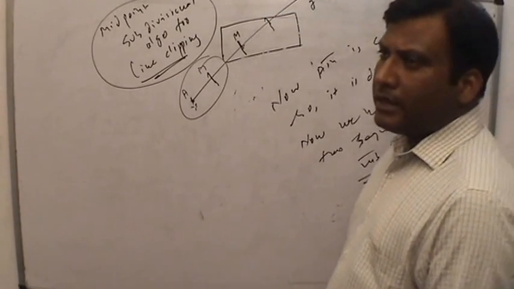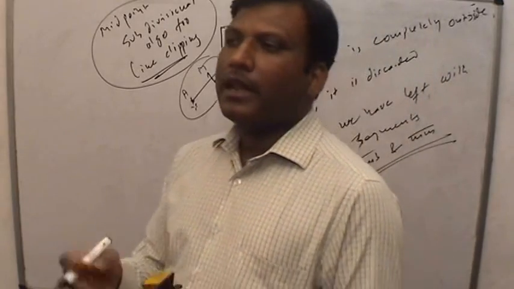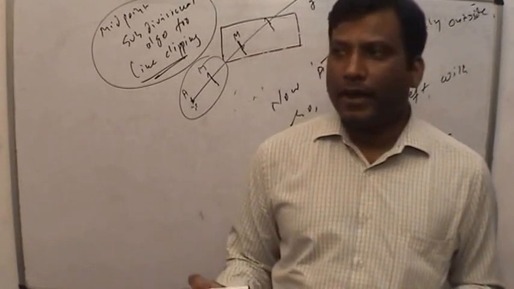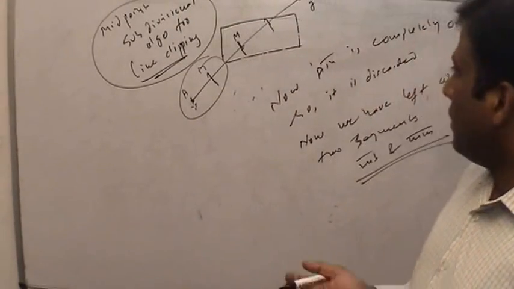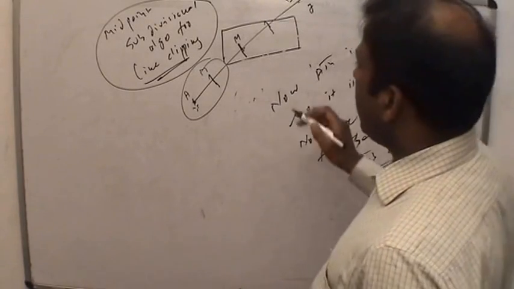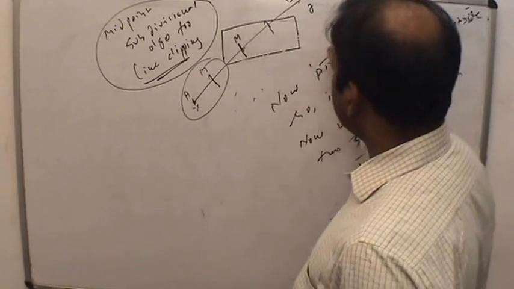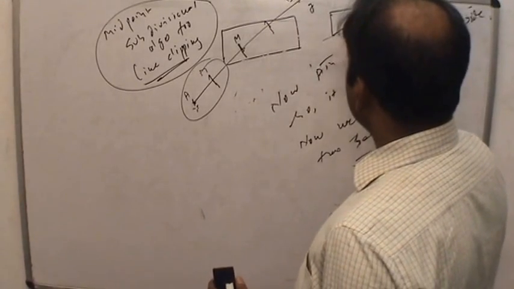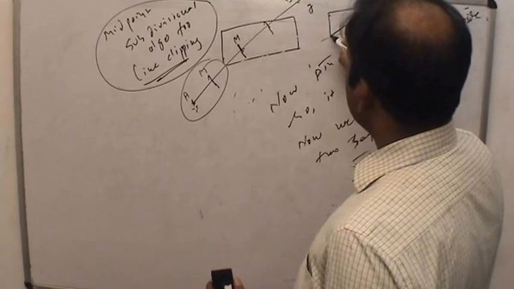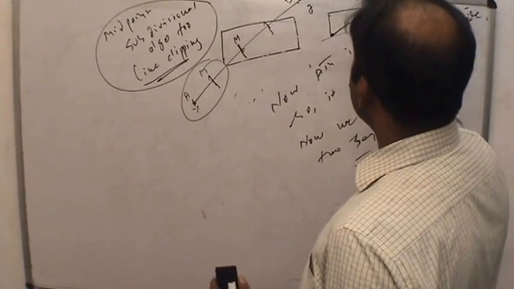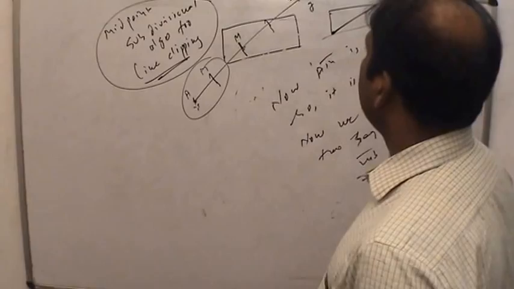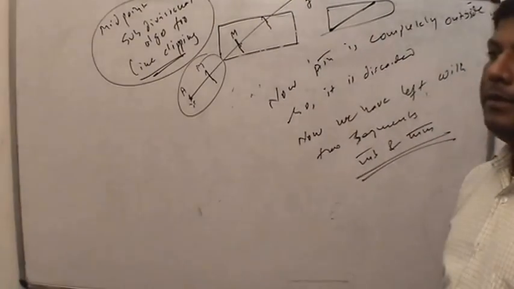According to these conditions, we have to subdivide the line in forward directions, and after all, we see that the line is in the clipping window. So we have this line, after we apply the midpoint subdivisional algorithm.